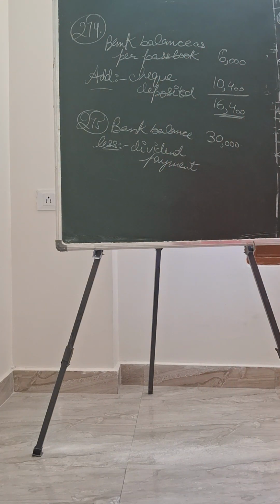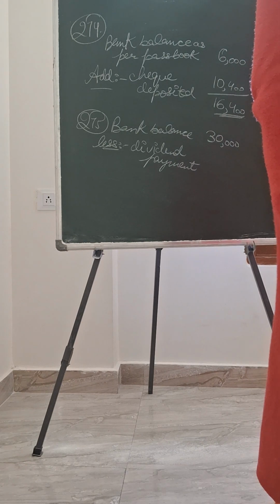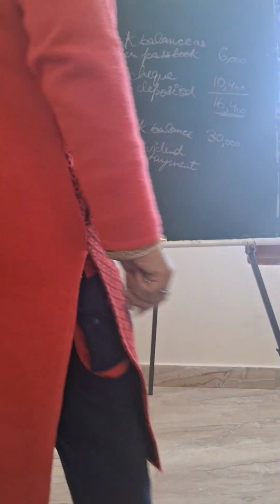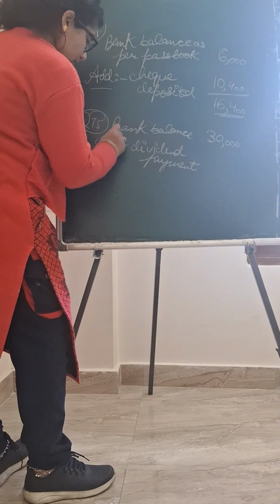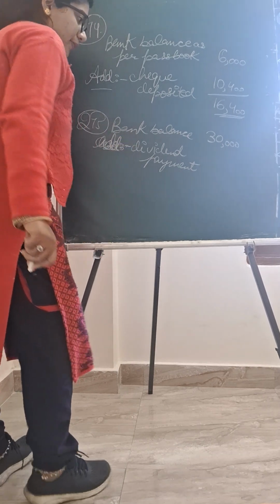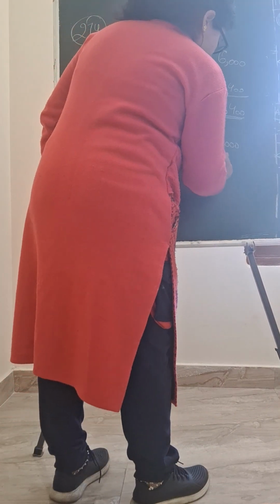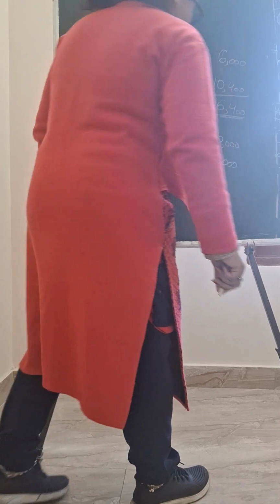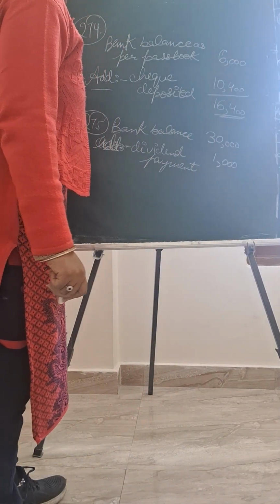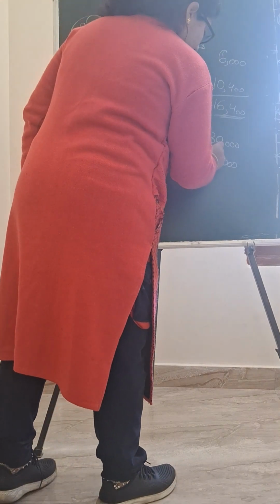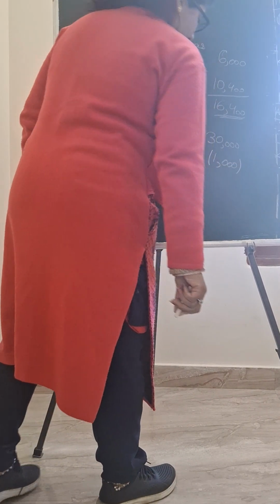Here you should know one thing very important, that bank balance as per passbook is 30,000, then there is dividend of 1,000 but entered in cash book as 100. So you should understand the question. The dividend payment was 1,000, but that was incorrect, so we will minus it.